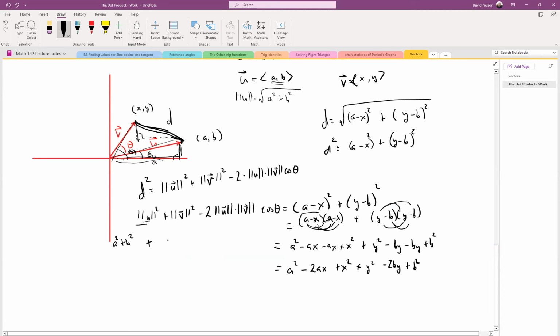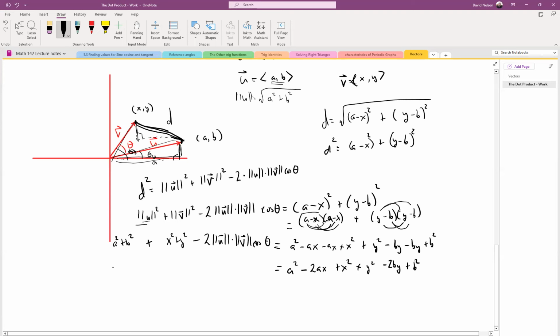Similarly, the magnitude of v squared is x squared plus y squared. And I'm going to leave it as the magnitude of u times the magnitude of v times the cosine of theta in there. All right, and so I have these two quantities that are equal to each other. Let's do a little bit more algebra with it.